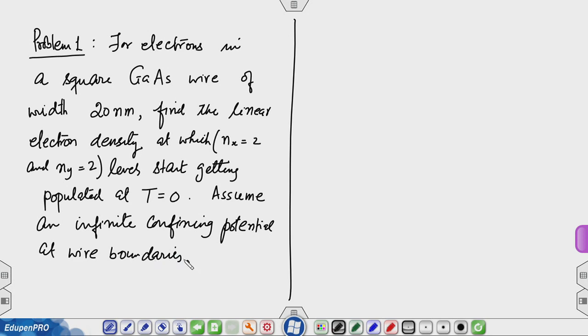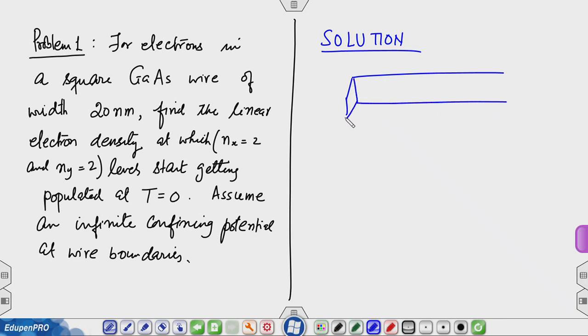So, this is the kind of mesoscopic system that we had been talking about, and what you have is a wire of square cross section. And this is 20 nanometers, and it is a long wire.